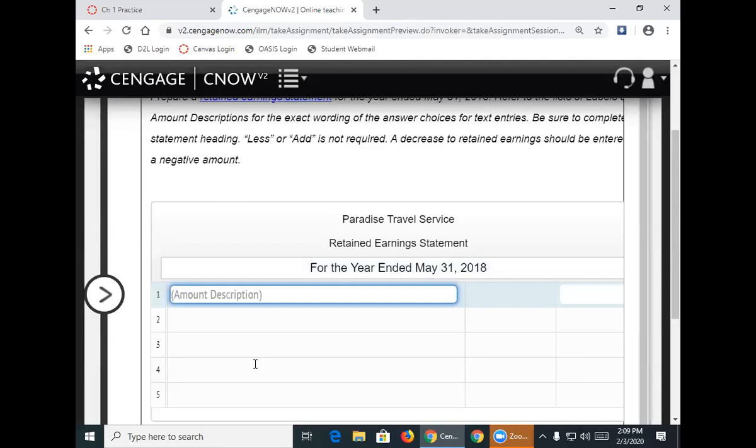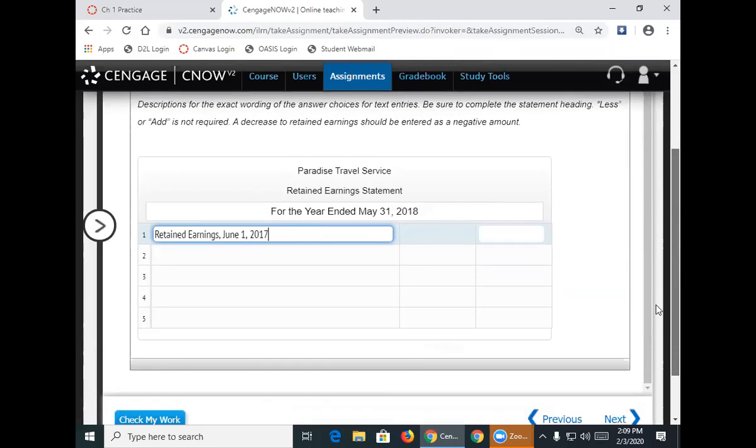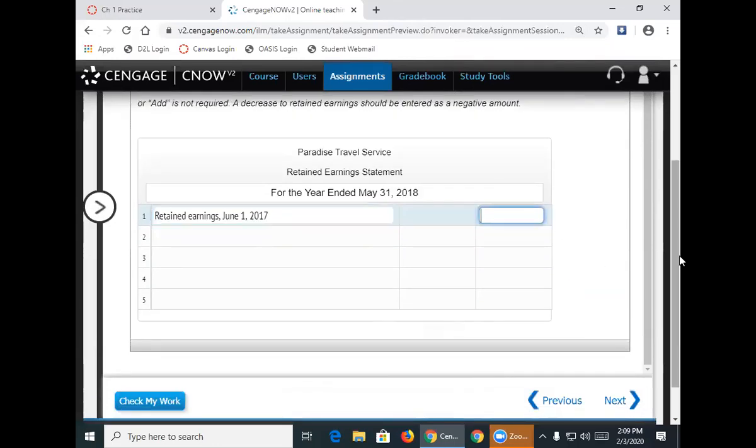So beginning retained earnings is always what goes on the first line. So we'd say retained earnings June 1st, 2017, and they gave us that amount at $300,000.